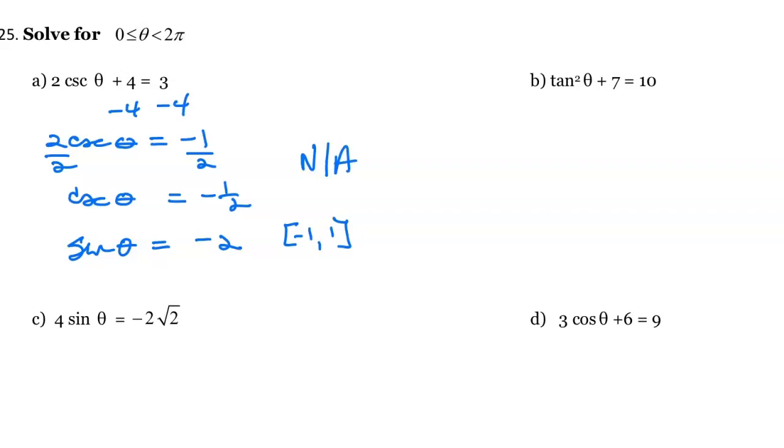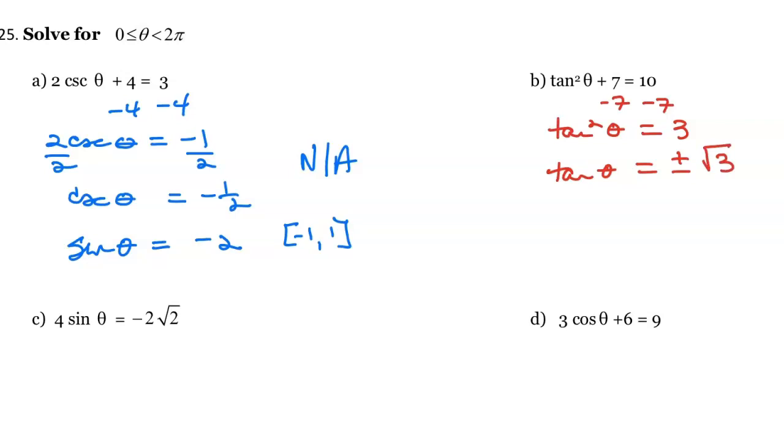B says tan squared theta plus 7 equals 10. Subtract 7, and you have tan squared theta equals 3. Okay, you're going to take the square root of both sides. When you do that on the left, you get tan theta. Then on the right, you're going to get plus and minus radical 3.